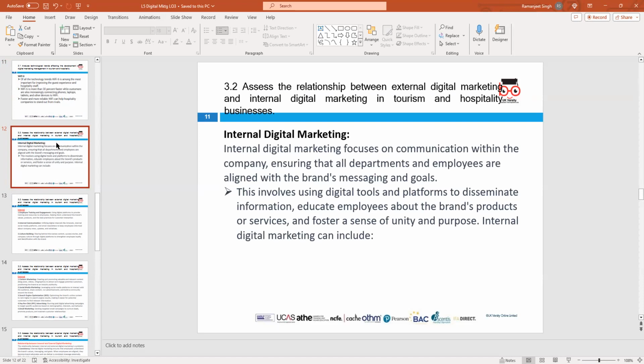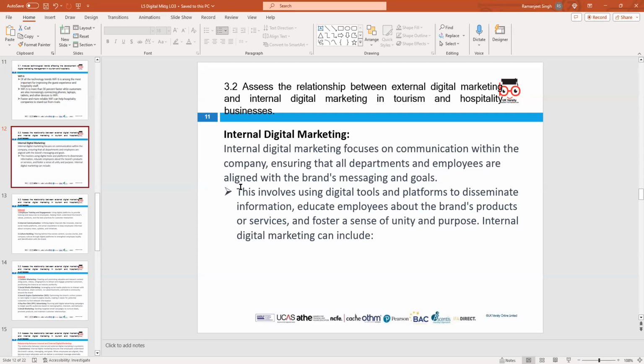So internet is for the outside world and inside as well. But specifically, the intranet is used by companies to advertise and to enhance their relationship internally. Okay, and it's for employees only. Nobody can access it from outside.